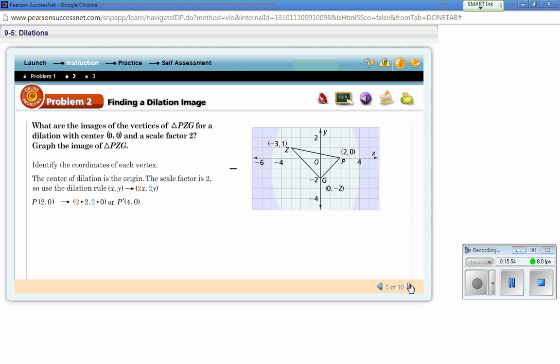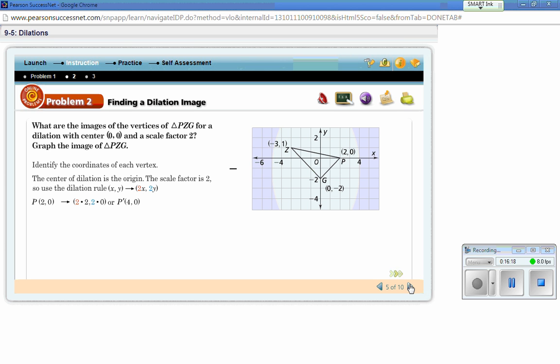Okay, so go ahead and make sure that you're doing that on your own paper. P prime is just P with the x and the y each multiplied by 2. When the center of the dilation is the origin, that's true. But it's not always the center, so let's figure out what the rest of these are going to look like. Can you predict what all of the coordinates would be? We'd have 4, 0.